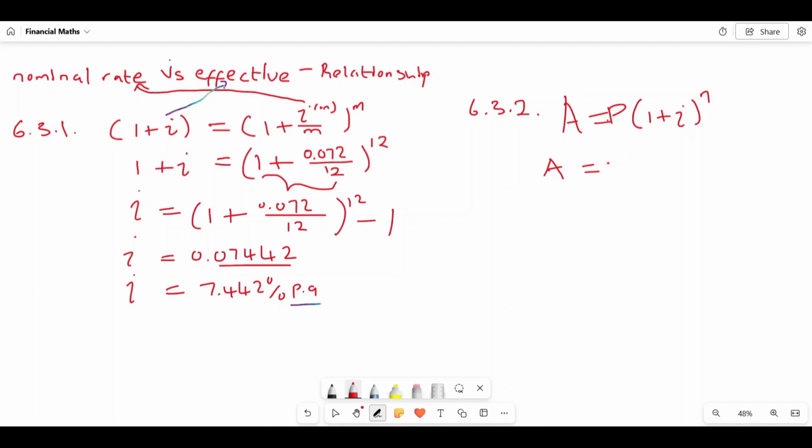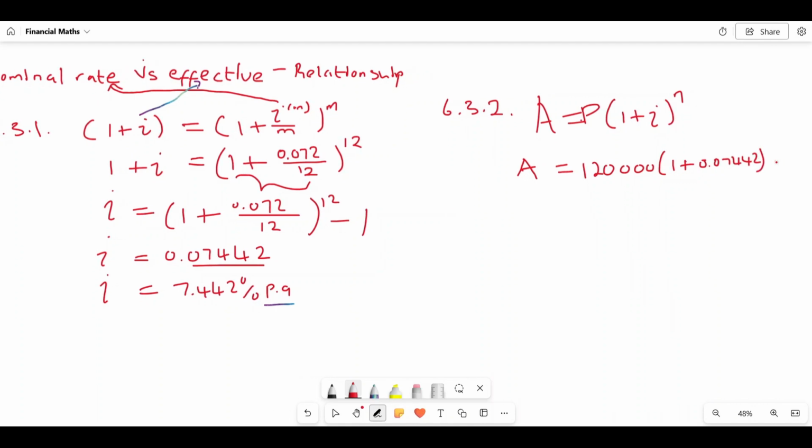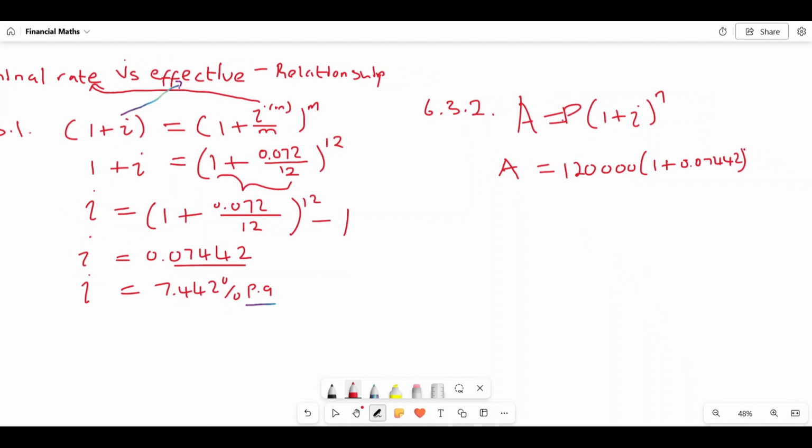We have 120,000, open bracket, 1 plus the effective rate, which we just calculated, which is 0.07442. I'm just going to use it as it is. And then I'm going to raise this to 3 because the term is 3 years. So that's it. You can put this in a calculator. What will it give us?